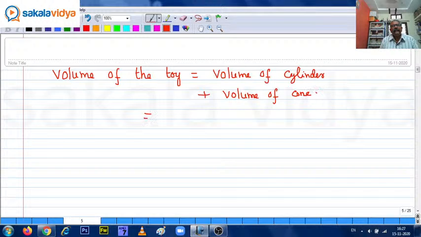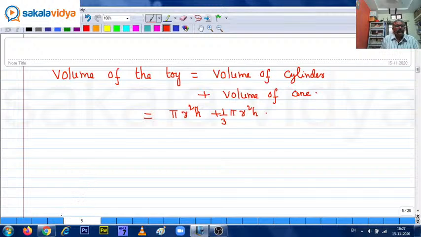Volume of cylinder is equal to, what is the formula? Pi r square h, plus volume of the cone is equal to, say this is capital H, 1/3 pi r square h.